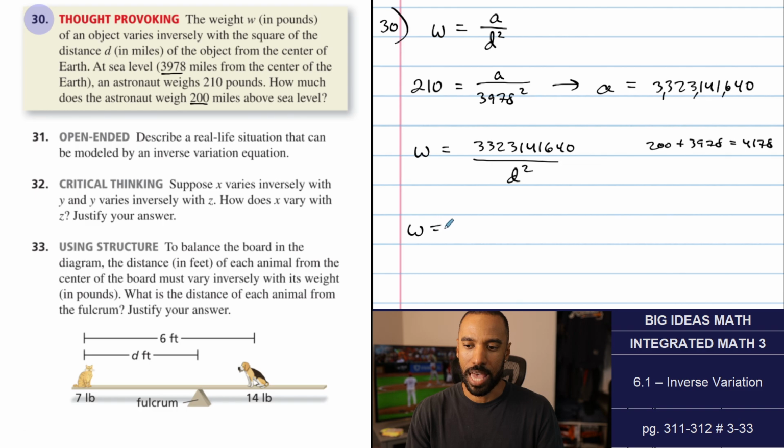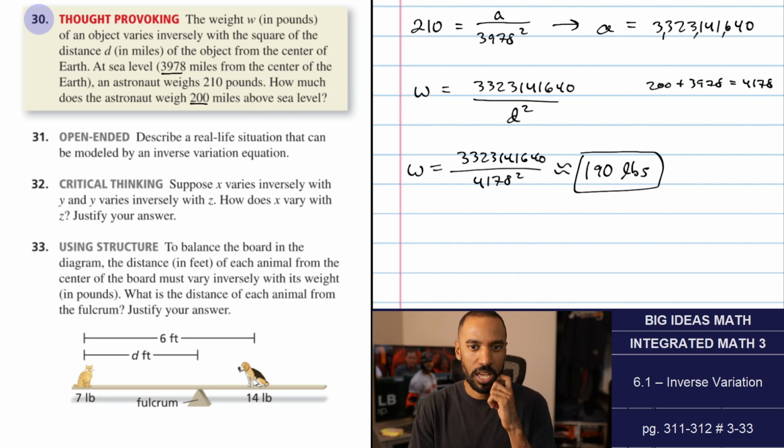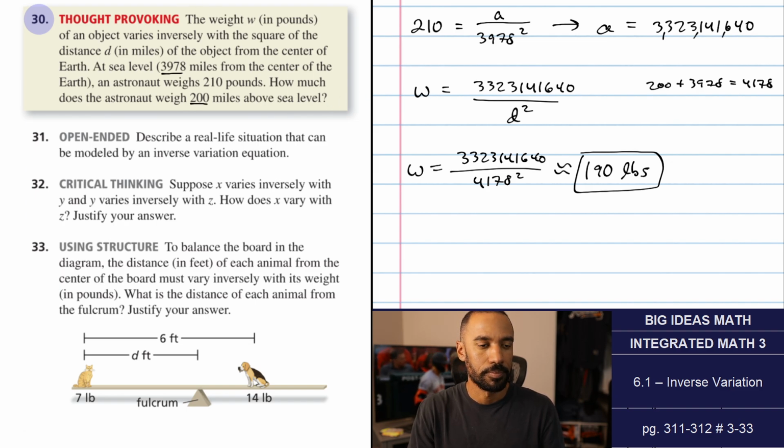Let's find the weight: 332314160 divided by 4178 squared. I'm getting 190.375, about 190.4 pounds. Around 190 pounds for the astronaut.